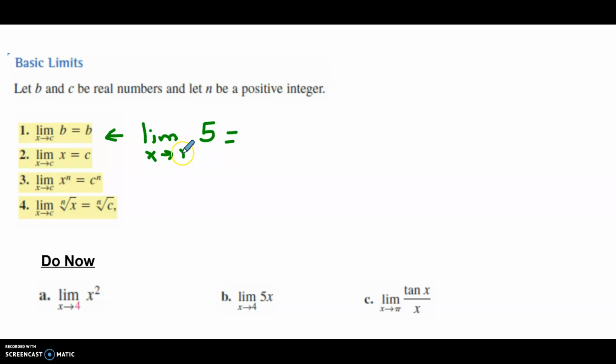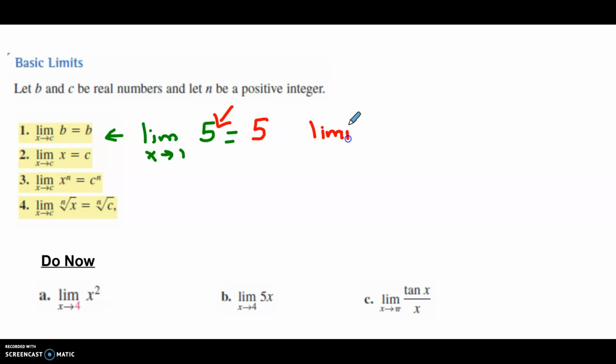If you try to plug in the 1 for x into the function that's right here, this is a constant function. There is no variable to plug this 1 into. So that means that I don't care what I'm plugging in, the output is just this constant. So remember, constant functions are horizontal, they have the same output. So the limit of a constant is equal to the constant. That's what step 1 is referring to.